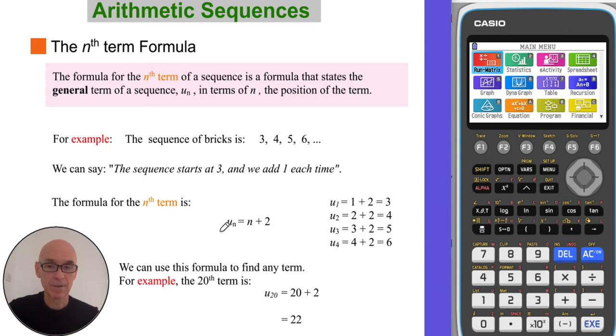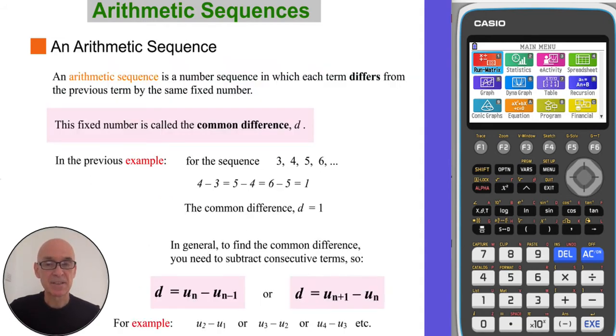So once we have our formula for the nth term, un, we can use this formula to find any term. For example, to find the 20th term, u20, replace n with 20, so that's equal to 20 plus 2, 22.